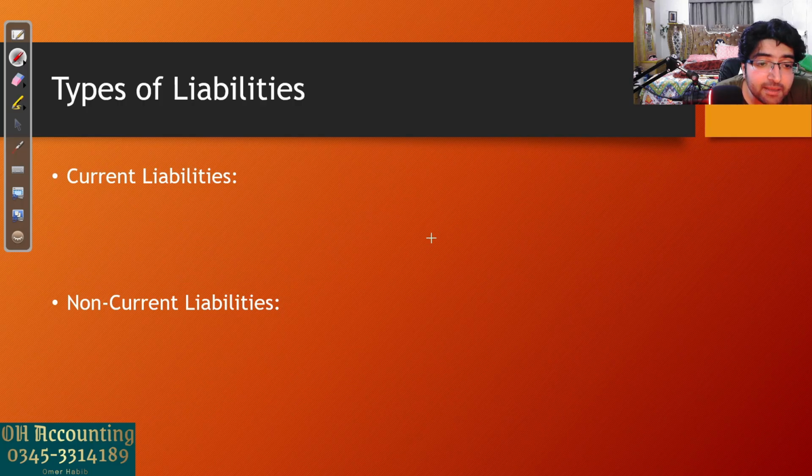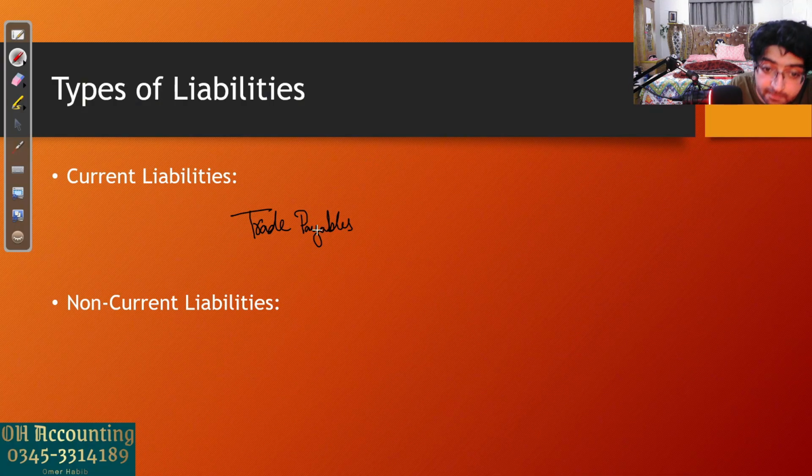The most common example of current liabilities, one second, let me fix this because I am not able to write properly. Okay, so trade payables. These are those people to whom you have to pay back money for the goods that you have purchased from them on credit. This is a very common example of a current liability.